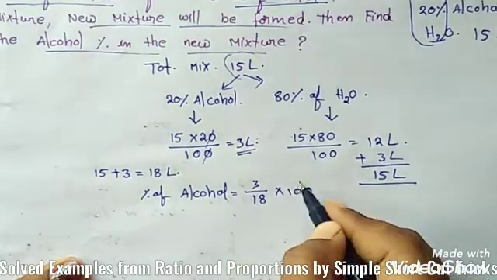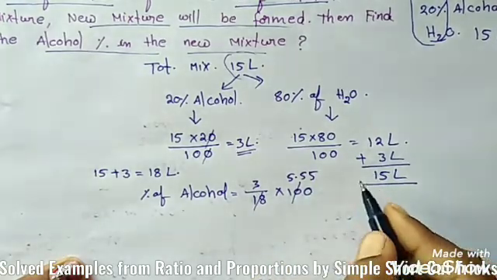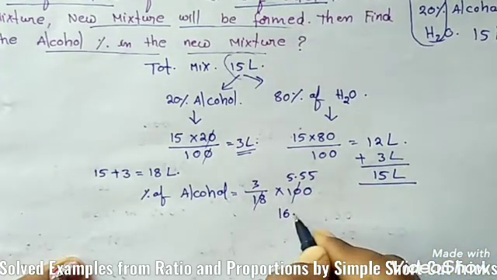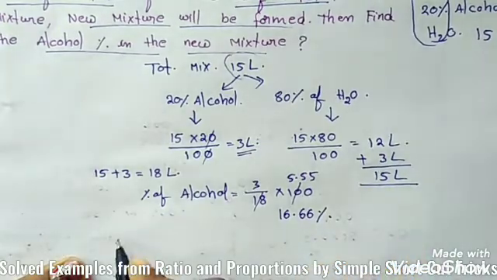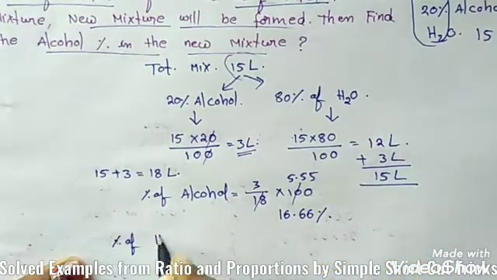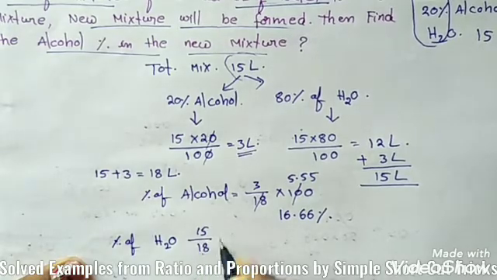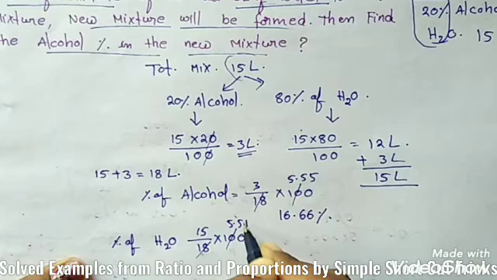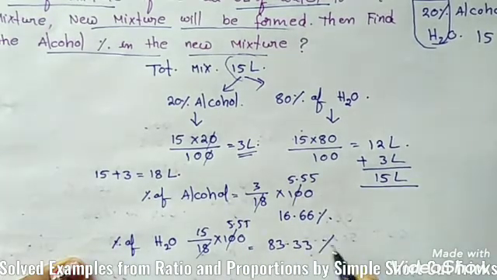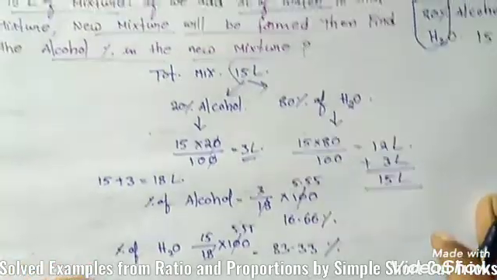Simple calculation, it should be 16.66 percent. Now if you need to calculate the percentage of water, 15 by 18 into 100, that is 83.33 percent.